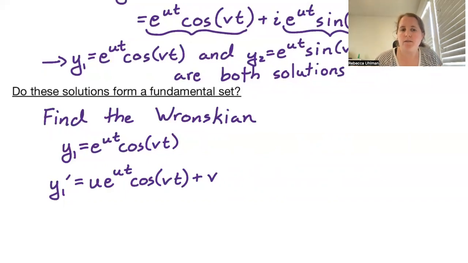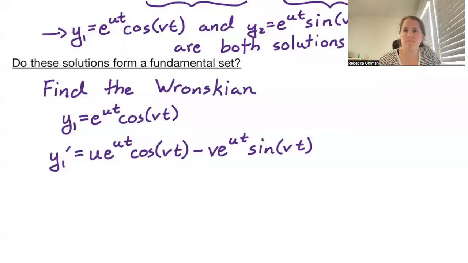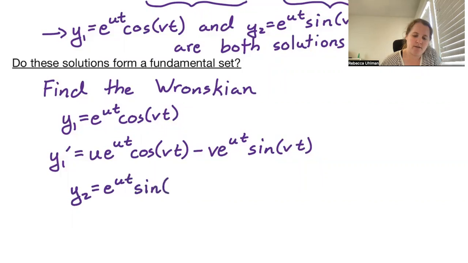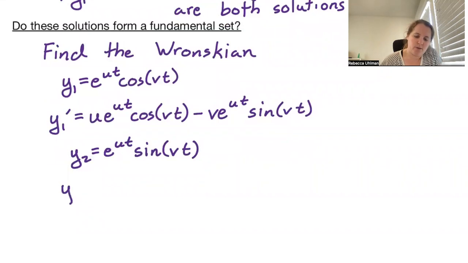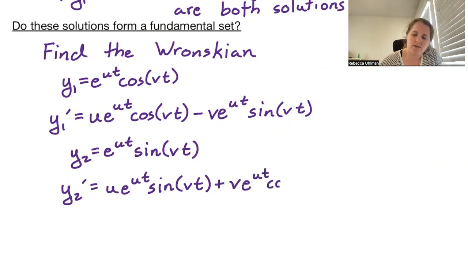Similarly, we had y2 equals e to the ut sine of vt. So we would have y2 prime is u e to the ut sine of vt plus v e to the ut cosine of vt.